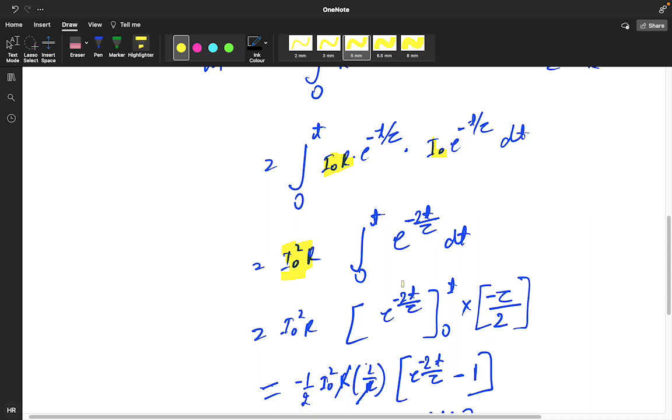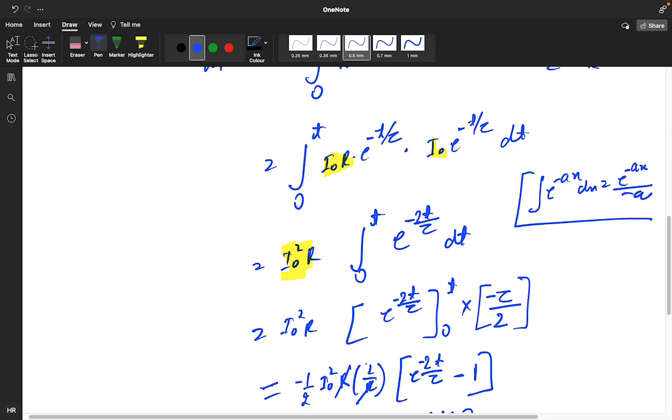Now the integration of e power minus ax into dx is e power minus ax by minus a. So this is the integration formula that I used here.